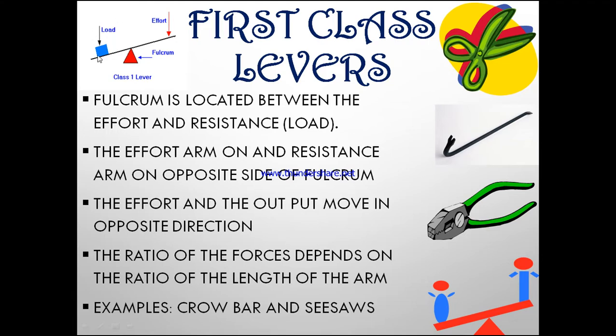Here you will find the load or resistance, and here the effort, in opposite directions from the fulcrum. The effort and the output move in opposite directions, as I told you. The ratio of the force depends on the ratio of the lengths of the arms.